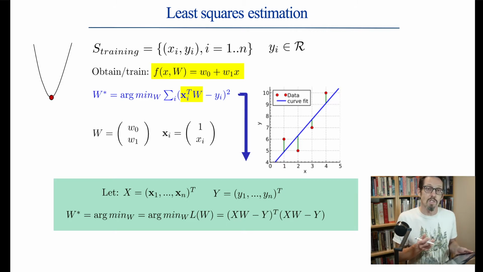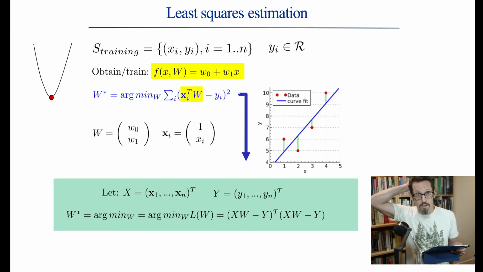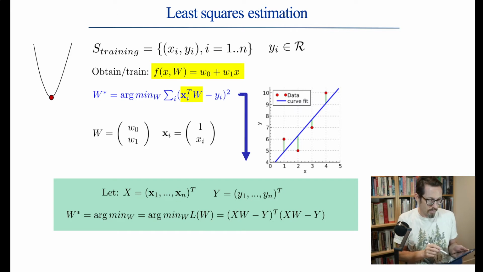We can recouch that into matrix algebra, right? So we can rewrite that with capital X being the design matrix. And to understand the design matrix, you should go back to the first regression lecture. And y is our set of desired outputs.